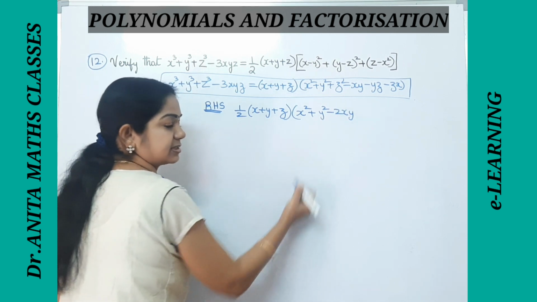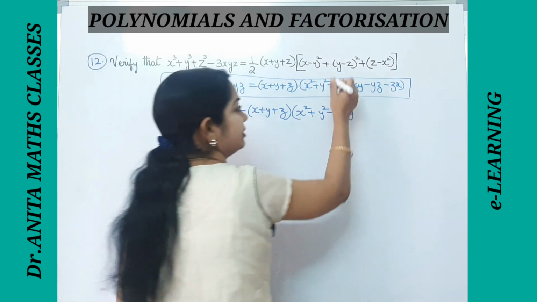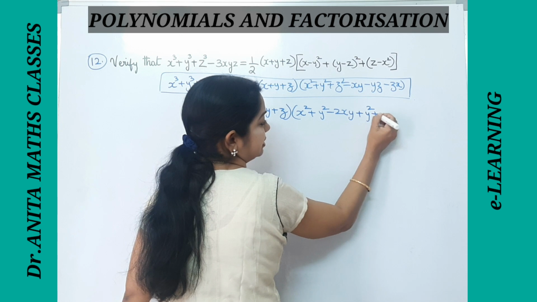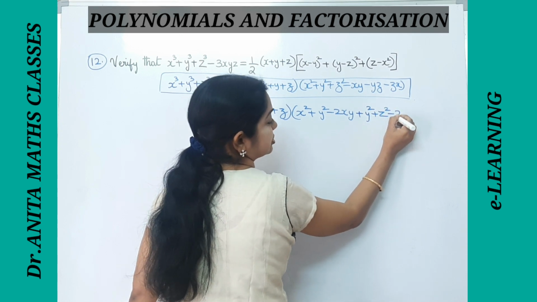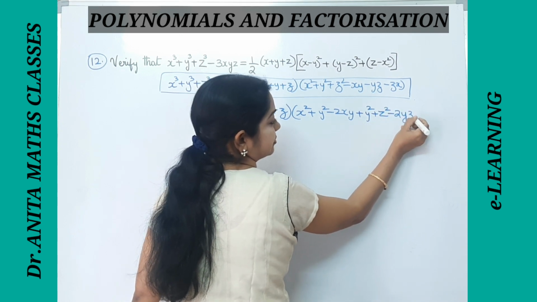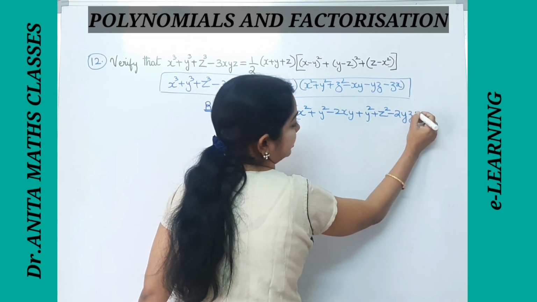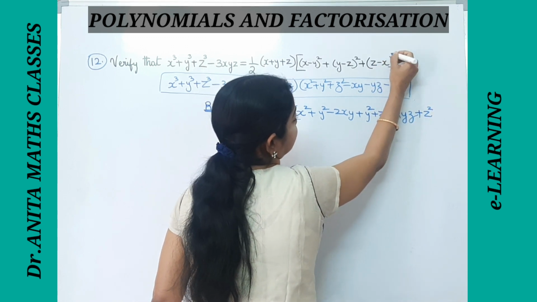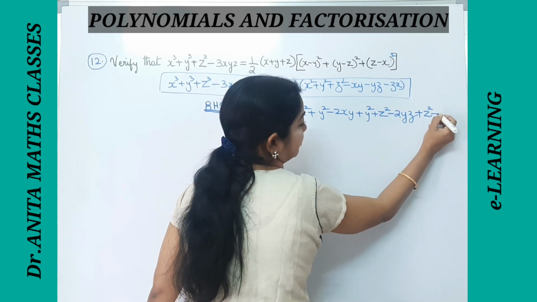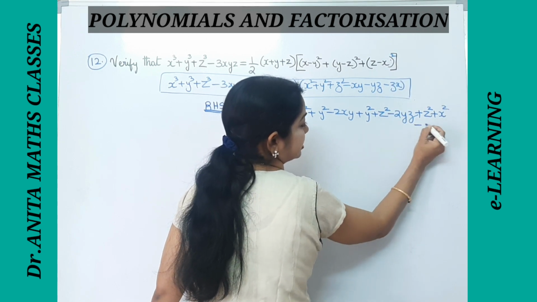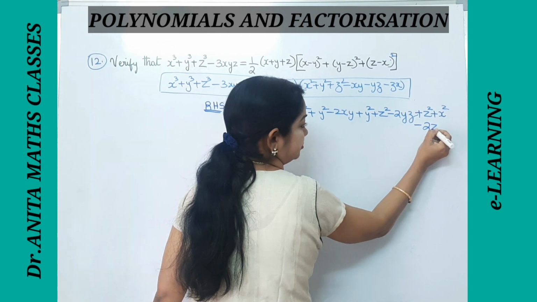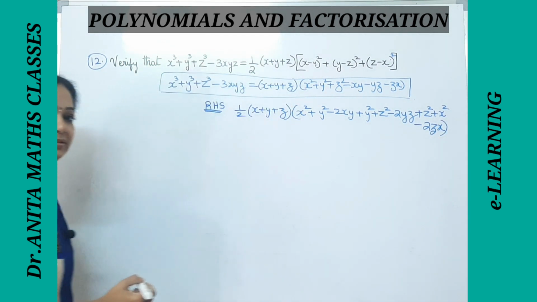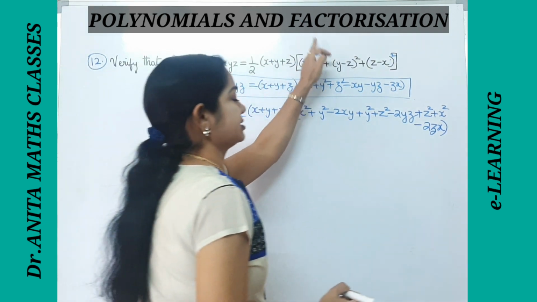So a and b are x and y, so I've expanded it. In the similar way for these two also: a square plus b square minus 2ab, and again here also a square plus b square minus 2zx. So this is the formula. I have expanded a minus b whole square.